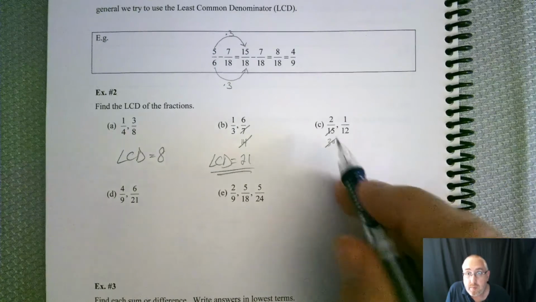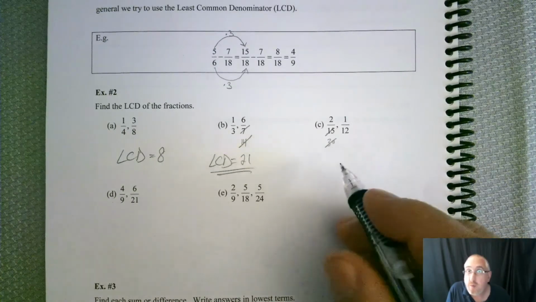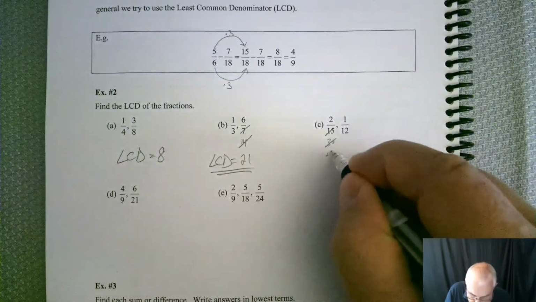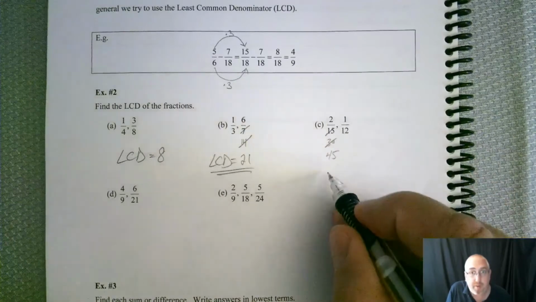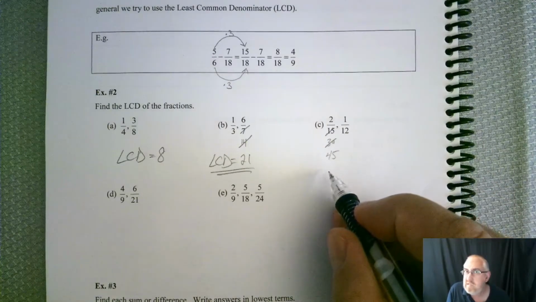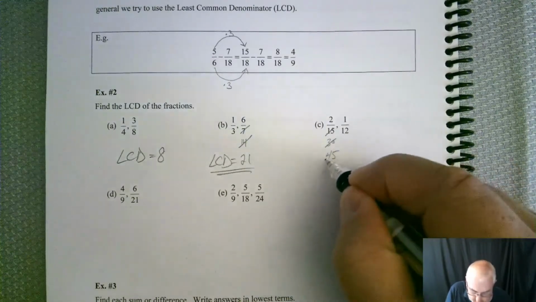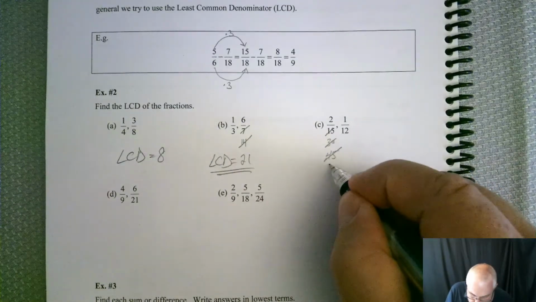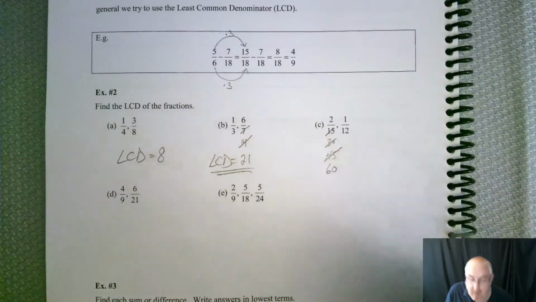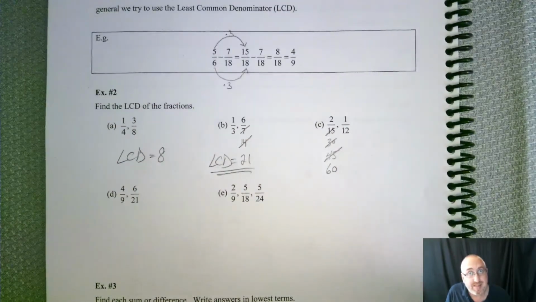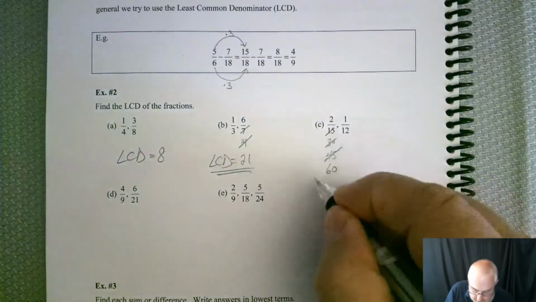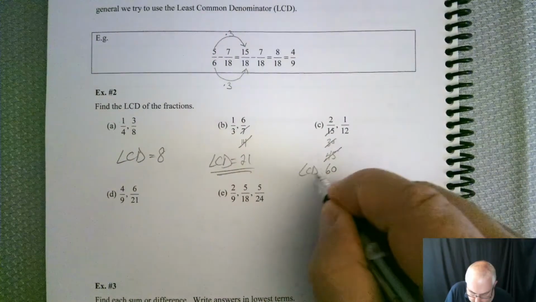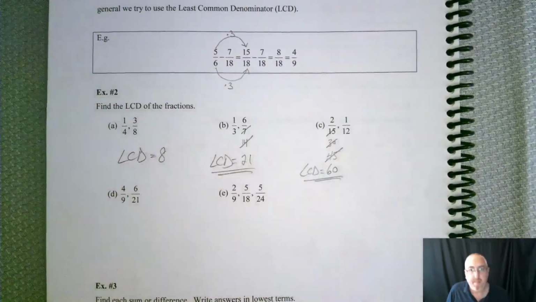So 15, 30, 45. Does 12 go into 45? No. Man, are we going to get there? How about the next one? The next one is 60. Does 12 go into 60? Ding, ding, ding. It does. So your LCD is 60.